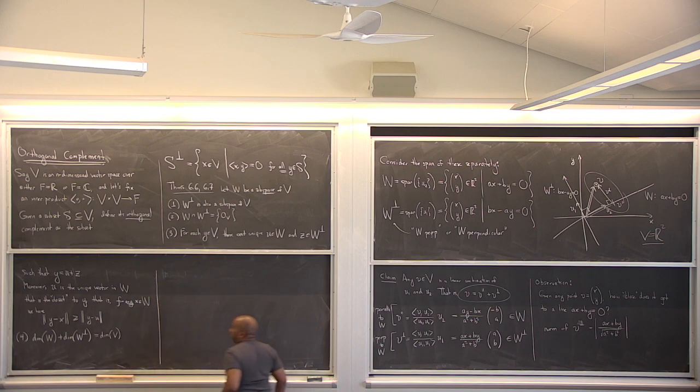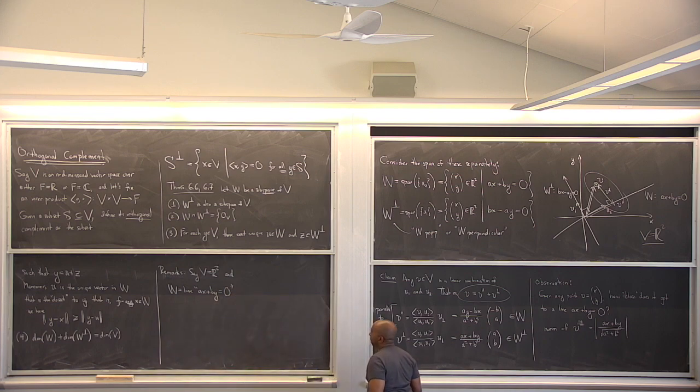Okay, so let me try to explain a little bit of what's happening here in the sense of this motivating example. Let's say that V is R2 and W is the line ax plus by equals 0. All right, so just like before. So I'll just redraw this picture over here.